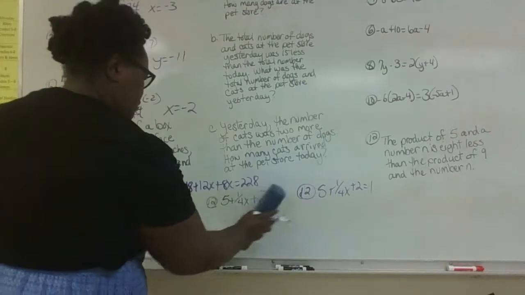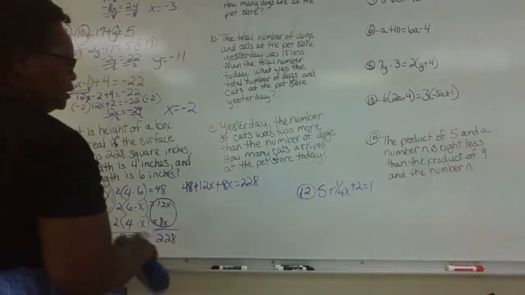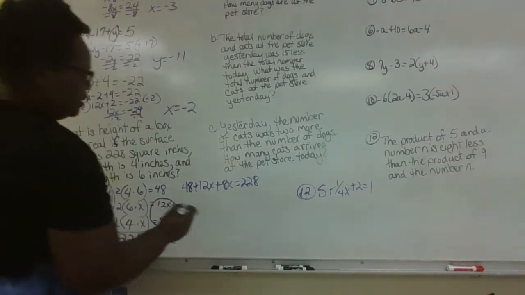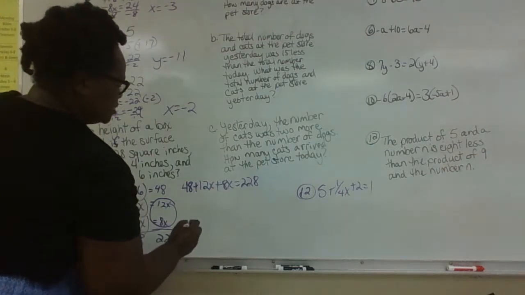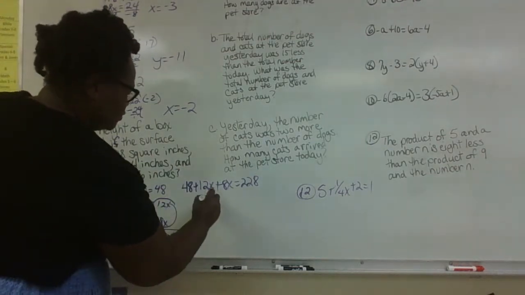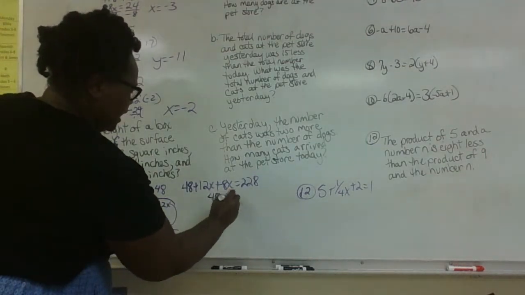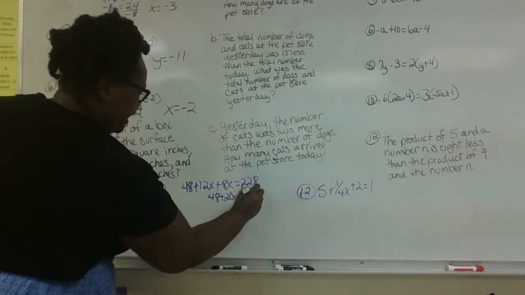Now, here we're going to combine 12x plus 8x, which gives us 20x. So 48 plus 20x is equal to 228.